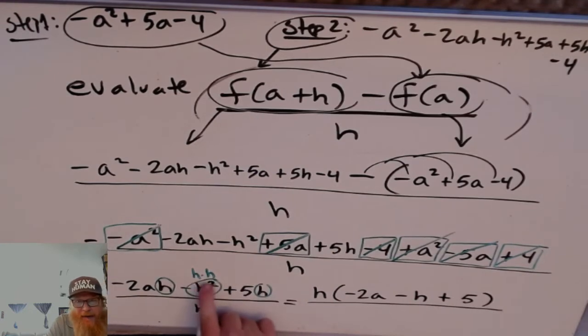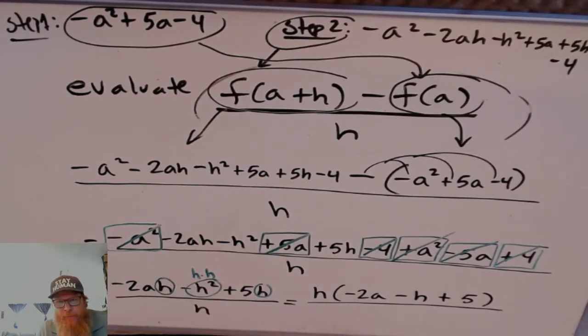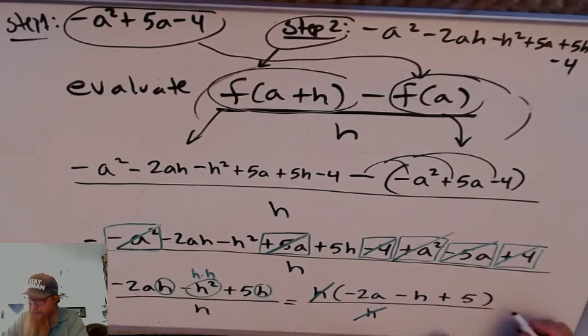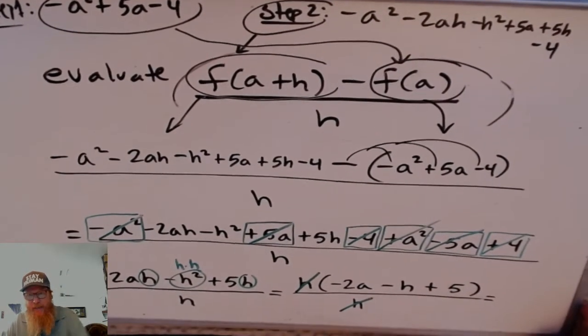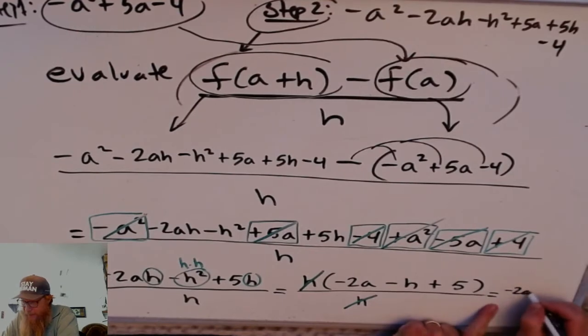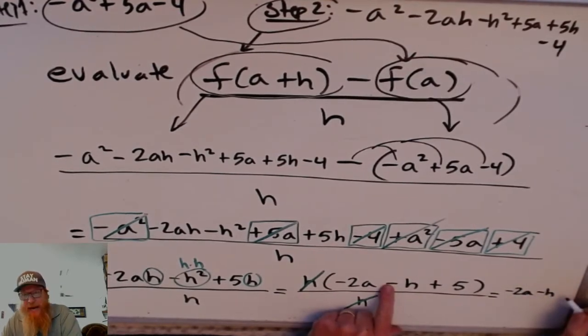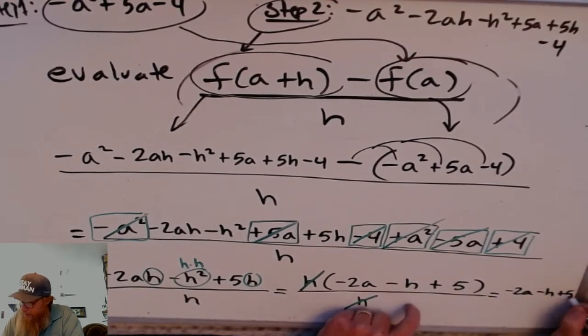H squared actually means HH. So when you pull out an h, you're then going to cancel the denominator. You have an h in the denominator, you have an h in the numerator, and your final answer, if I can squeeze it over here in this little piece, negative 2a minus h plus 5.